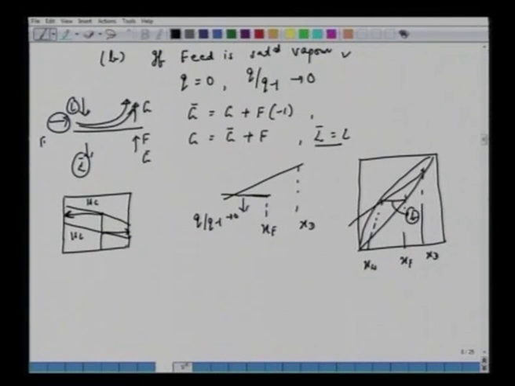Let's take the next case, C, call it cold feed. What we are discussing here is a feed whose temperature is below the bubble point, or we can say that HF is less than HL.